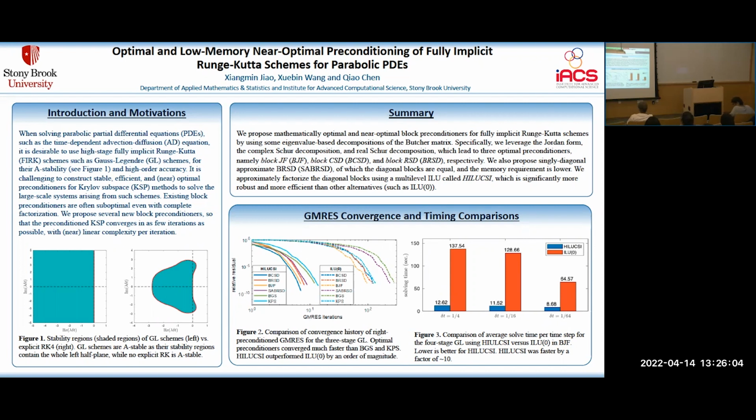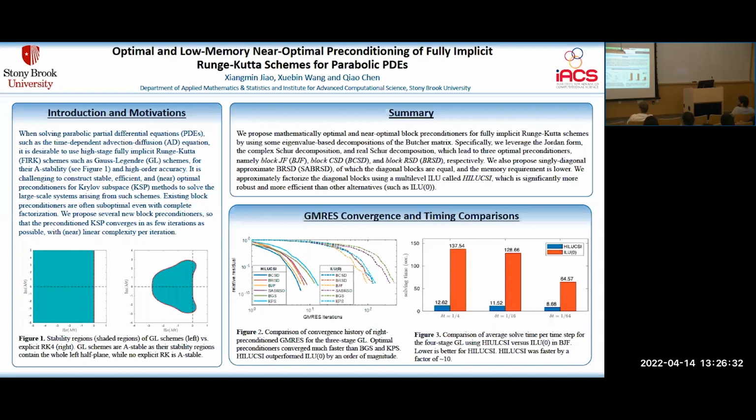For explicit schemes, we can solve the staging vector step by step because the scheme is just lower triangular with zero diagonal entries. But for implicit schemes, the shape of the Runge-Kutta scheme is a full matrix, so we need to solve all the staging vectors at the same time.